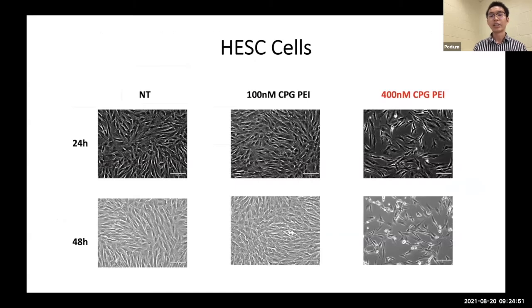As you can see in the picture right here, there are a lot of dead cells in the 400 nanomolar treatment group. From this, we conclude that 400 nanomolar CpG-PEI is actually toxic for HESC cells.